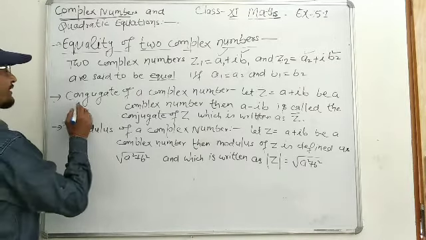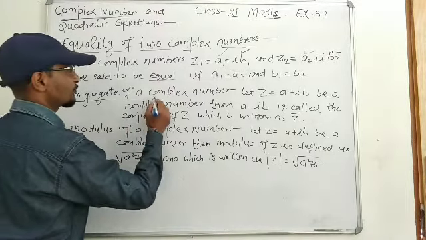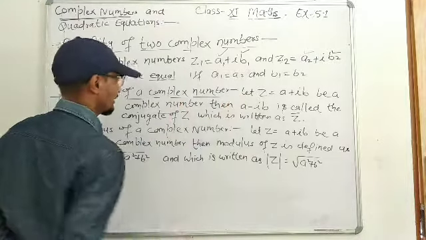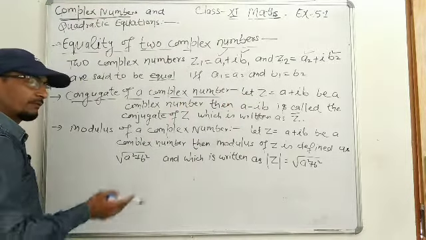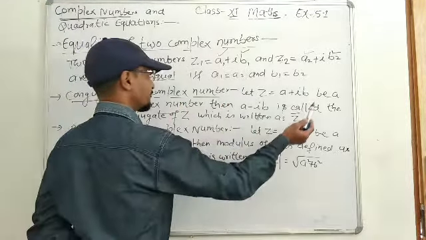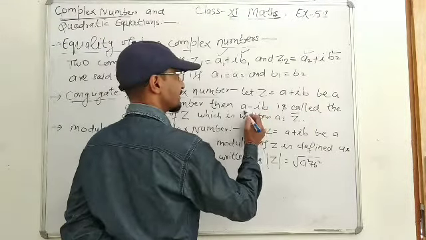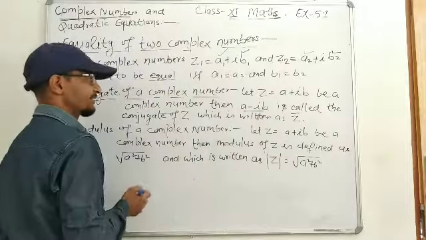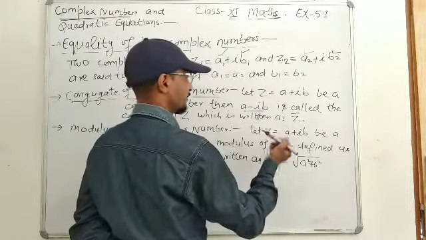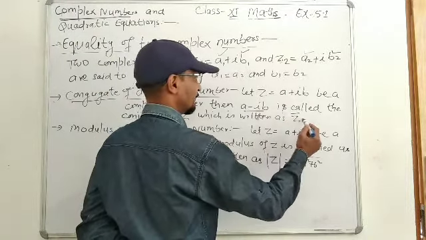Now the next definition is conjugate. What is the conjugate of a complex number? If we have the complex number Z equal to A plus iB, then A minus iB is called the conjugate of Z. How do we denote it? We denote it by Z bar.